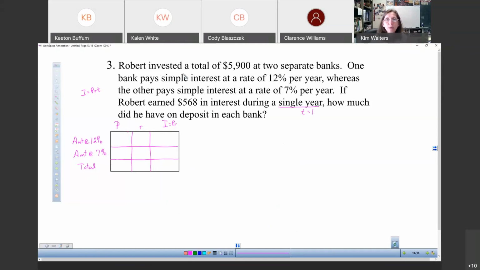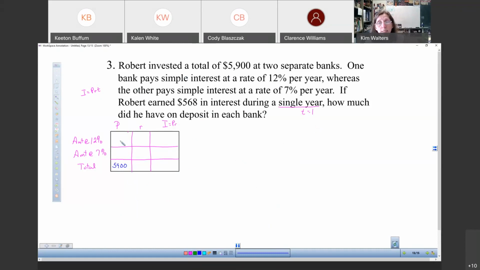So what I know is a total amount. I know that Robert invested a total amount of $5,900. Okay. What I don't know is how much he invested at each amount. Now, when we did these before, we had to do some kind of fancy footwork. Here, I actually like solving these with a system of equations better than any other way to do this.